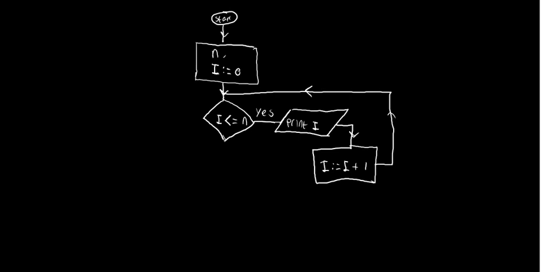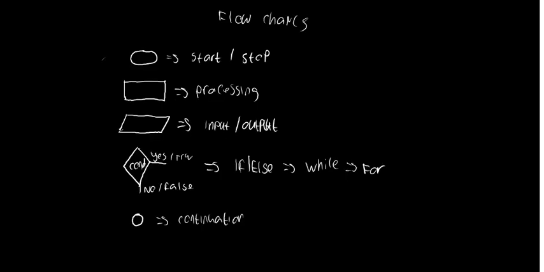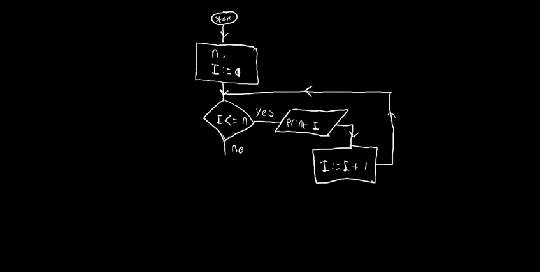And now, if it's a no, if we exceed n, as a matter of fact it's supposed to start at 1, then we end our algorithm. You can just say stop.